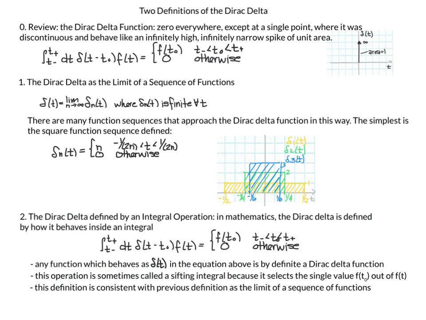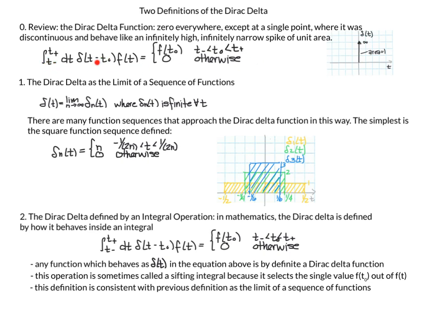To review what we've looked at in this video, we looked at 2 definitions of the Dirac delta. First, we reviewed the definition of the Dirac delta, which is 0 everywhere except at a single point, t naught, where it's discontinuous and behaves like an infinitely high, infinitely narrow spike of unit area. And this was our definition in terms of our integral.